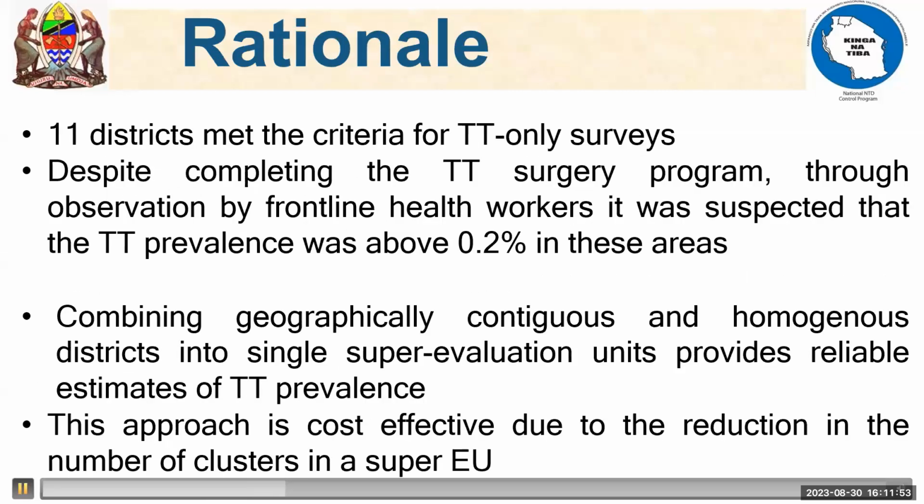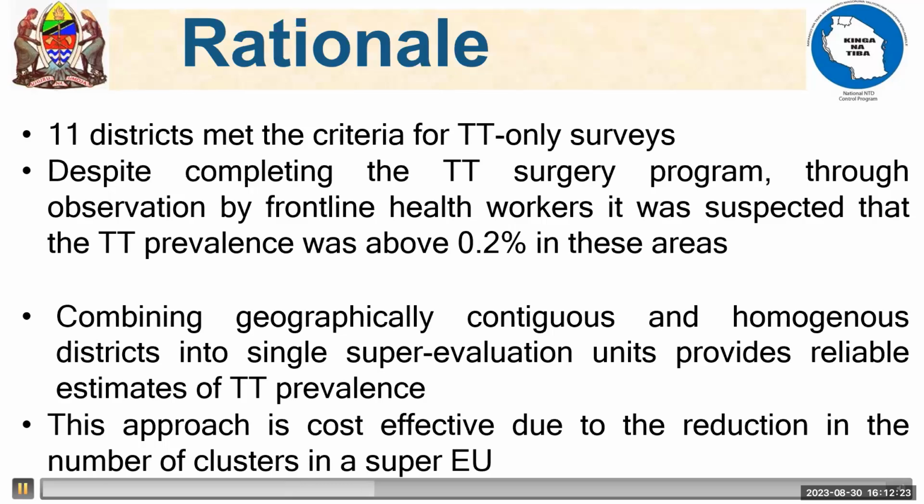Now, let us turn our attention to the 11 districts of interest for today. These 11 districts conducted the TT surgery program interventions, and at the end they were eligible for impact assessment. But according to the WHO guideline, because the TF was below 5%, these districts were eligible for a TT-only survey.